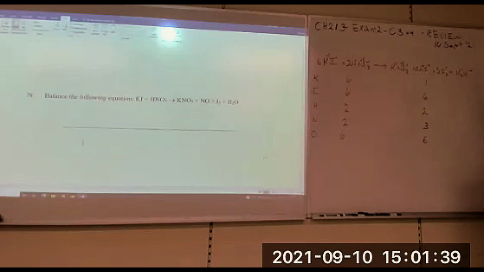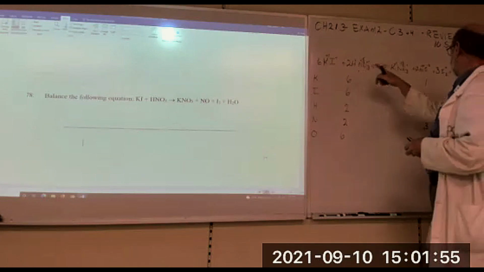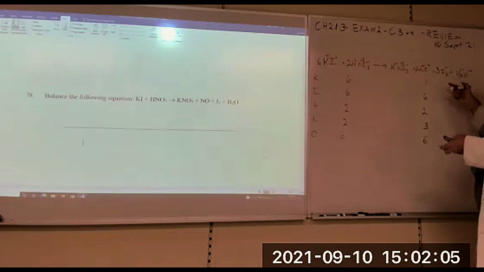Now, where to start? Are there any elements we hold? We might hold this one till last. But it's also on both sides. We've already got 6 iodines, so we're probably not going to touch that. Let's start with potassium. Just start at the top.